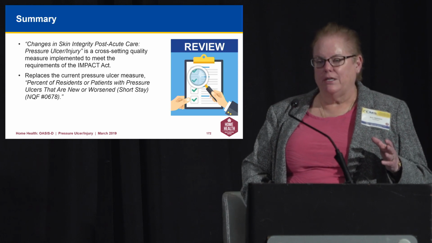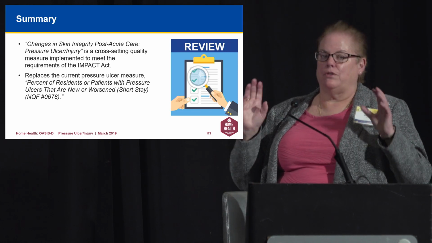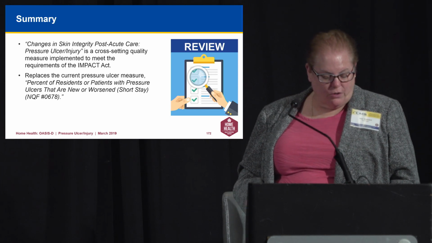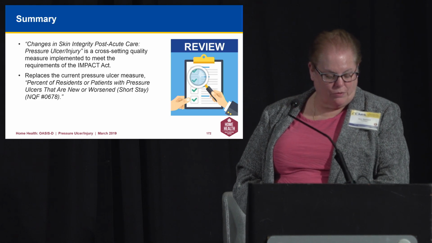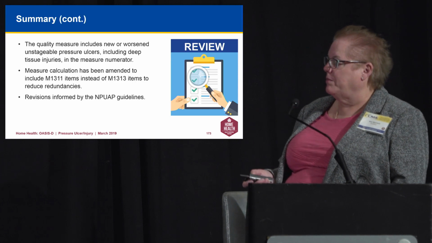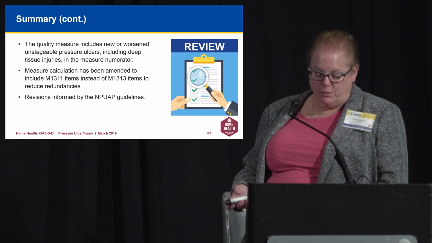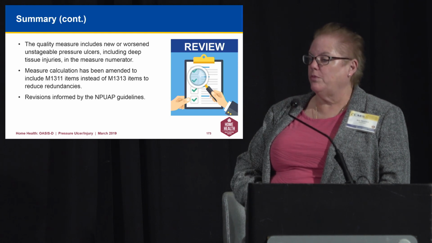In fact, CMS is looking at apples to apples and not apples to oranges, so that different settings aren't doing it in different ways. It replaces the current pressure ulcer measure, percent of residents or patients with pressure ulcers that are new or worsened, short stay. So this is a replacement measure. The quality measure includes new or worsened unstageable pressure ulcers, including deep tissue injuries, in the measure numerator.